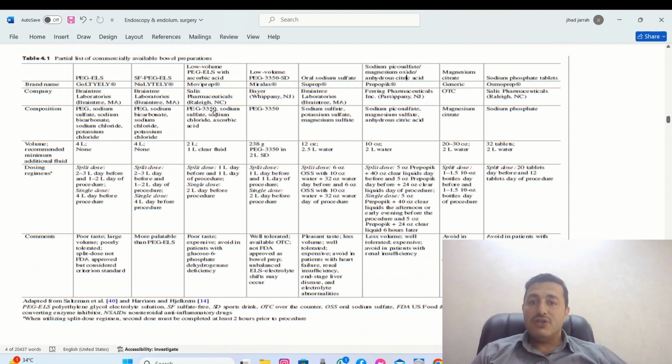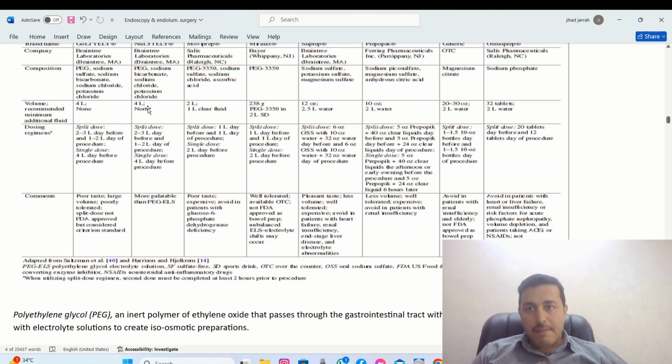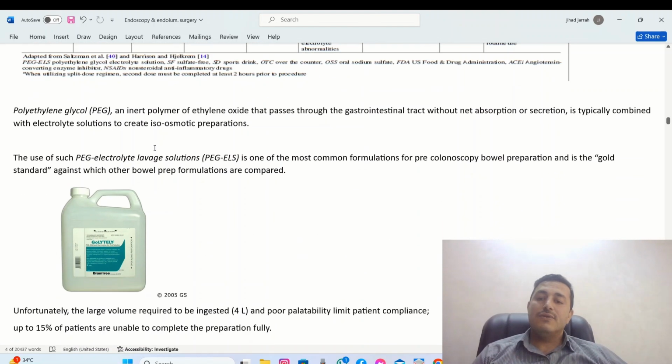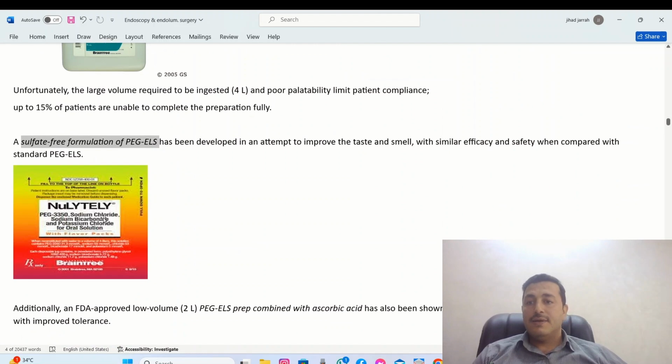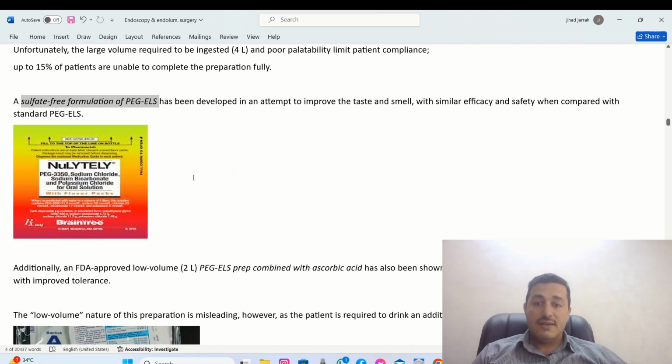You can see the composition is the same, but with no sulfate. Amount, it's 4 liters. Dosage the same, split dose, first dose and second dose. This is the sulfate-free formula of polyethylene glycol electrolyte lavage solution.